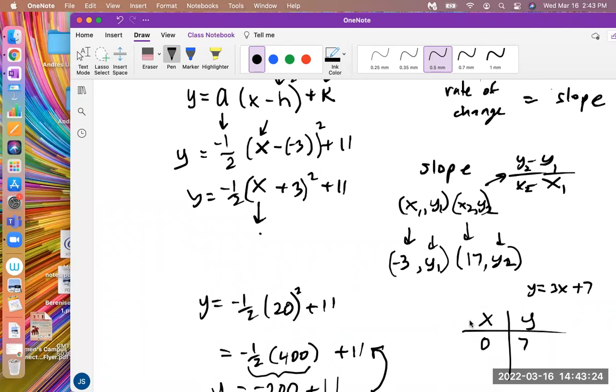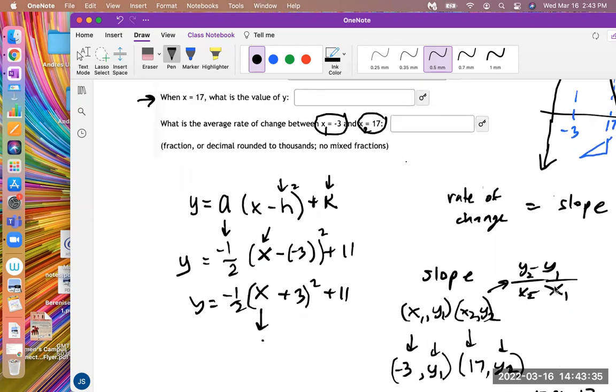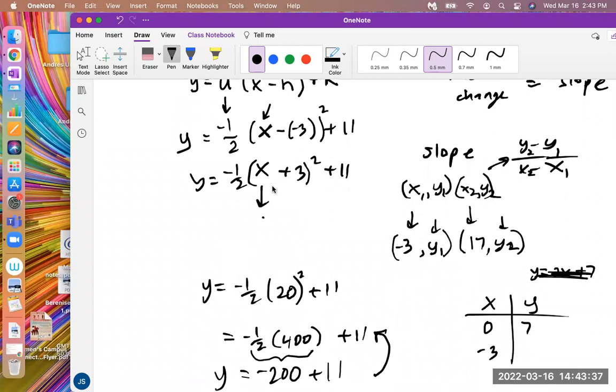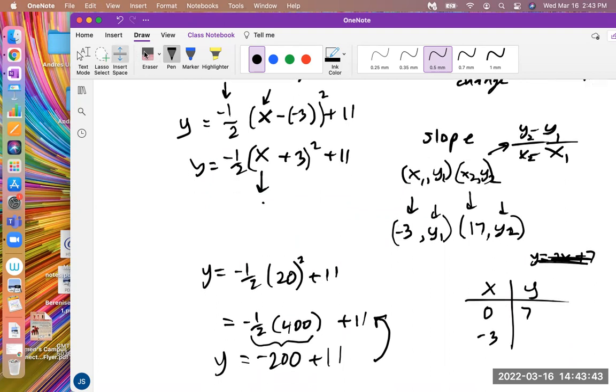So we're doing the same thing. I'm plugging in this -3, but into my known equation. Where is my known equation? Up here. It's -1/2 times (x plus 3) squared plus 11. So I'm plugging in -3. So let's see what I get.